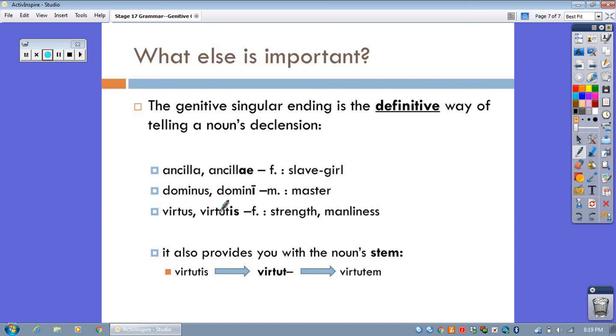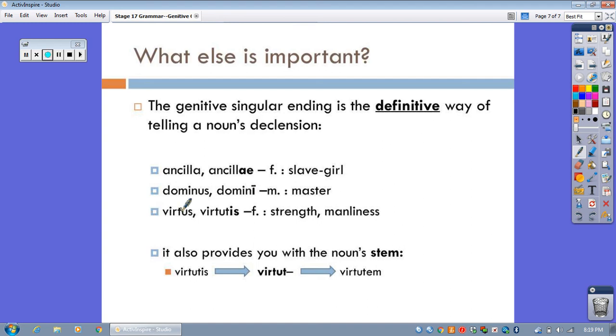But check out these next two. Dominus, you know from last year, is a second declension noun. You might have known that because of the US in the nominative singular, but you know it for sure because of the way that the genitive singular ends, domini, with that I, which makes it second declension, as in AE, I, IS, it's the genitive.